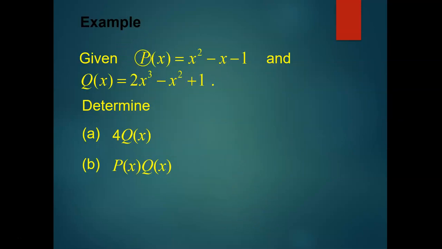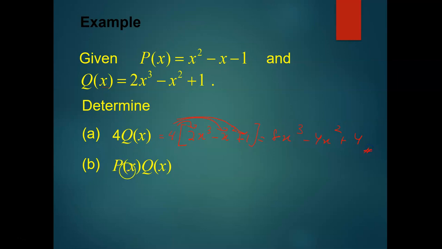Example: look here. You have p(x), you have q(x). The first question, multiply 4 q(x). So 4 is a constant, and q(x) is 2x cubed minus x squared plus 1. Then you expand, multiply inside. So what do you get? 8x cubed minus 4x squared plus 4.